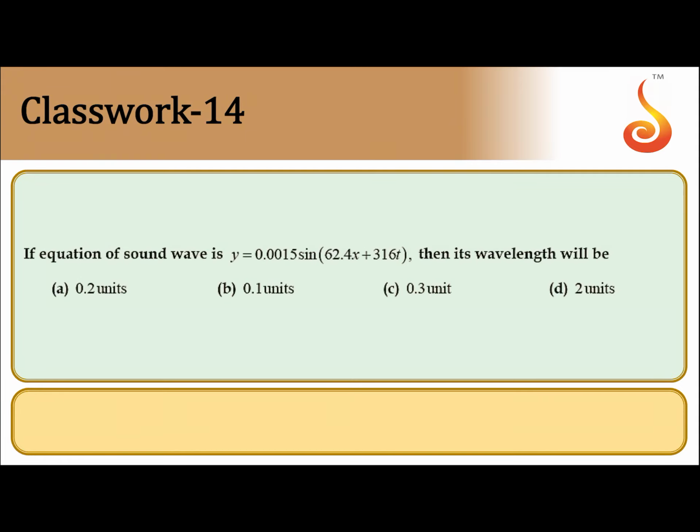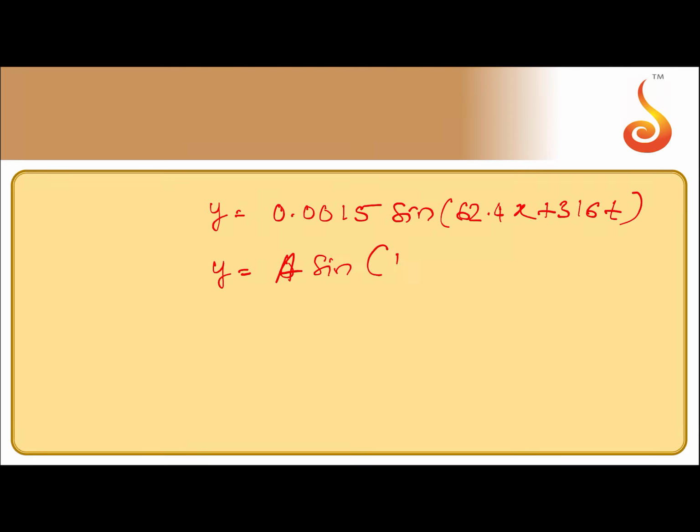Example 14. If the equation of a sound wave is given by y is equal to 0.0015 sine 62.4 x plus 3160 t, then its wavelength is... Let us compare this equation, y is equal to 0.0015 sine 62.4 x plus 3160 t, with the standard equation y is equal to a sine kx plus omega t.